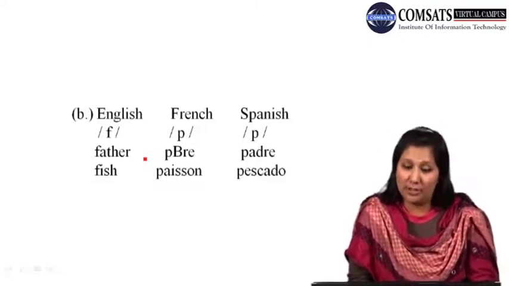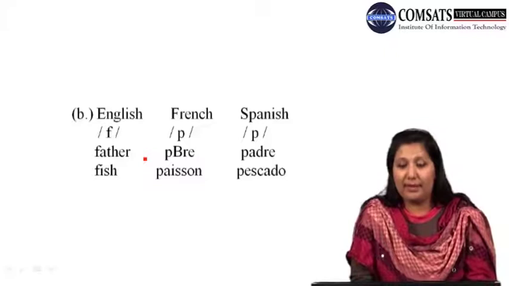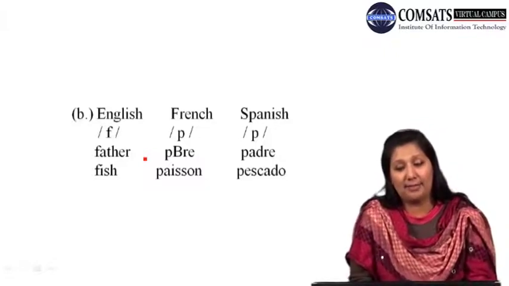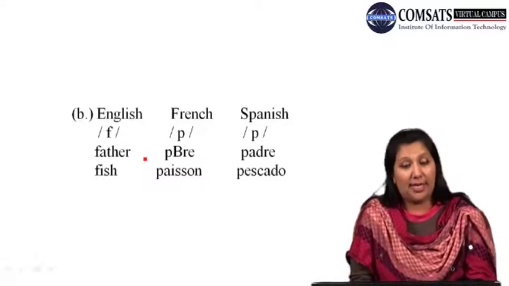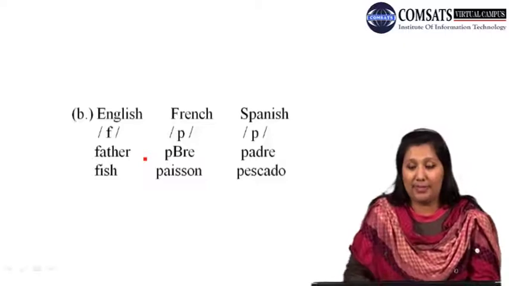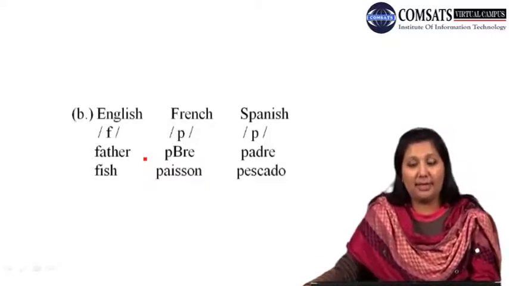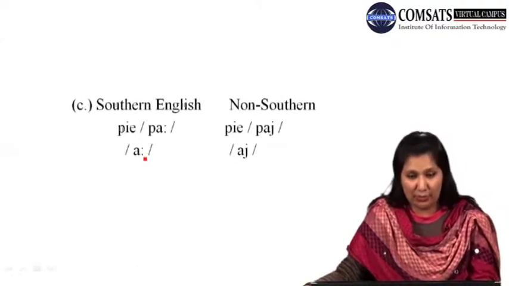In French we have per. In Spanish we have padre. In English we have fish. In French we have peasant, and in Spanish we have pescado. These are different examples of the sound change that have come in the history.